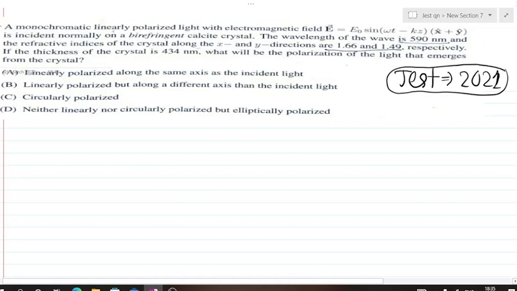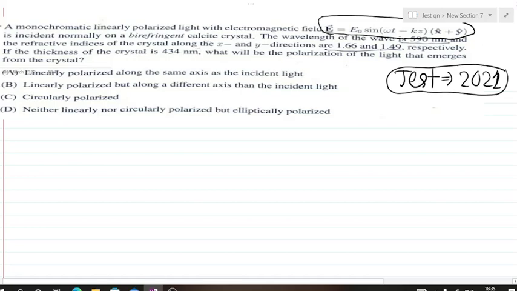A monochromatic linearly polarized light with an electromagnetic field E is equal to this much, is incident normally on a birefringent calcite crystal.